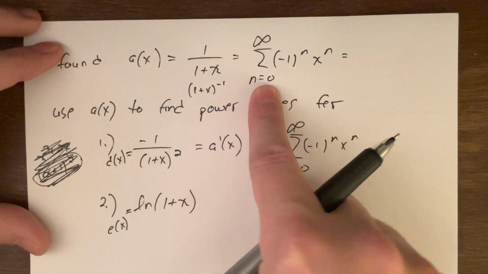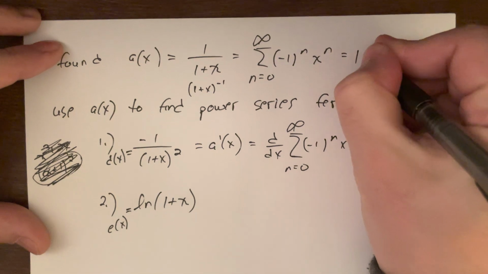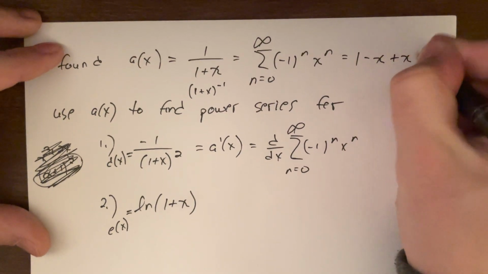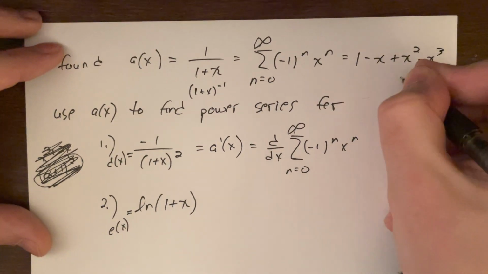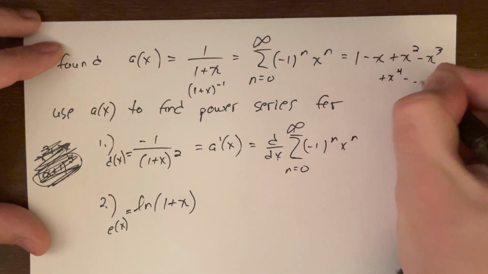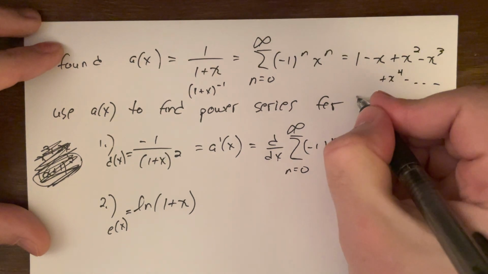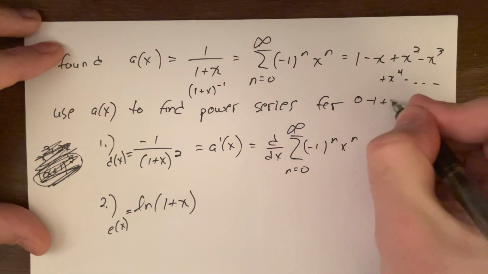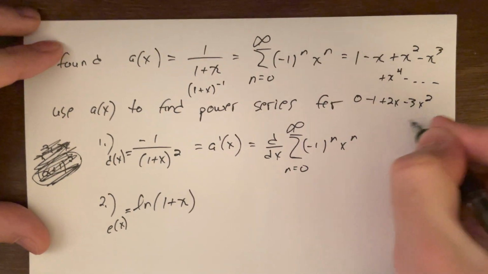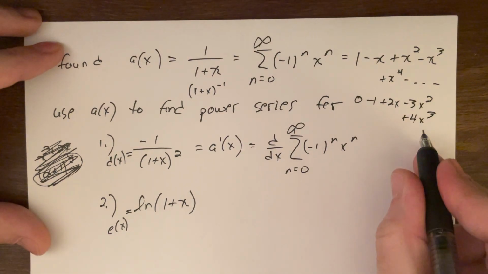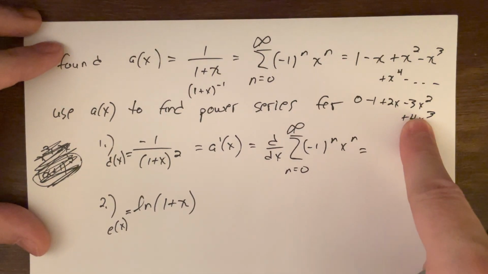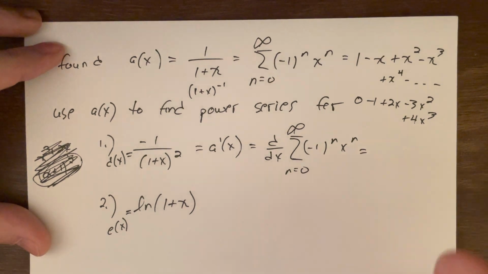As they write out the terms, they get 1, they get minus x to the first, they get plus x squared, minus x cubed, plus x to the fourth, minus ... They take the derivative one term at a time. They get 0, minus 1, plus 2x, minus 3x squared, plus 4x cubed. And then they write the power series for it.